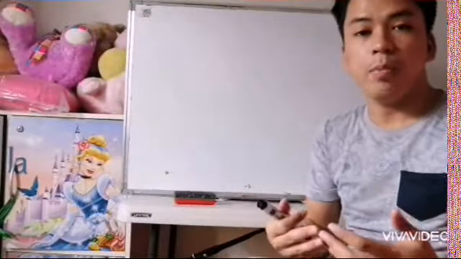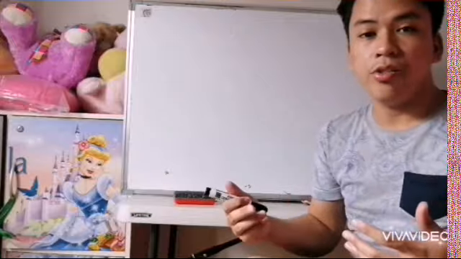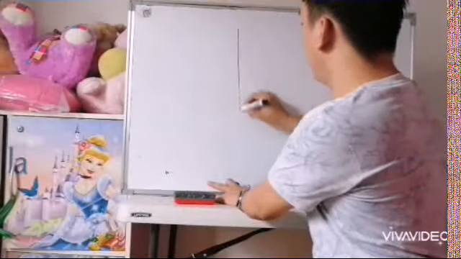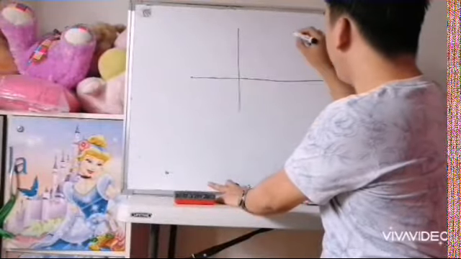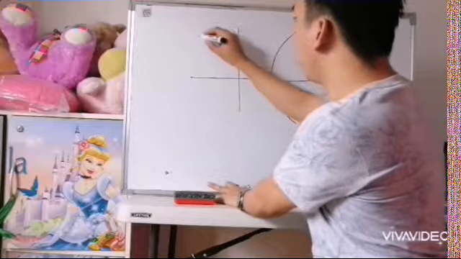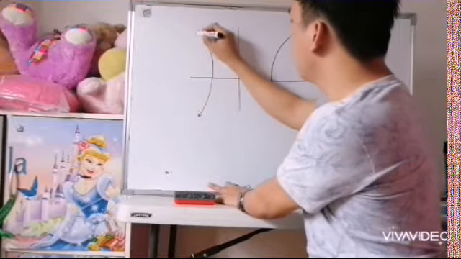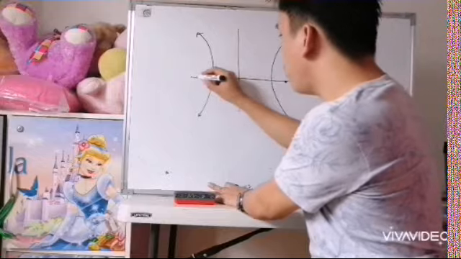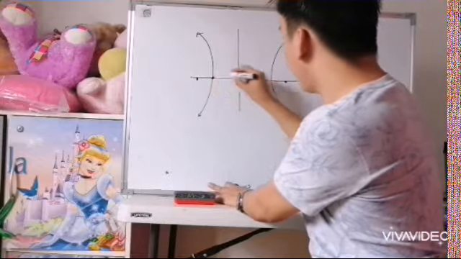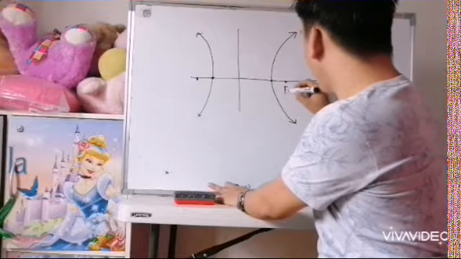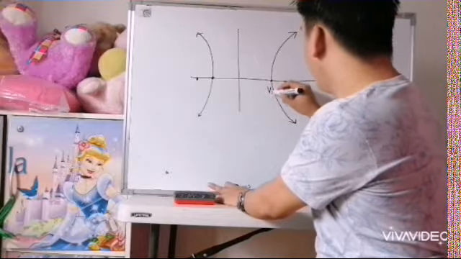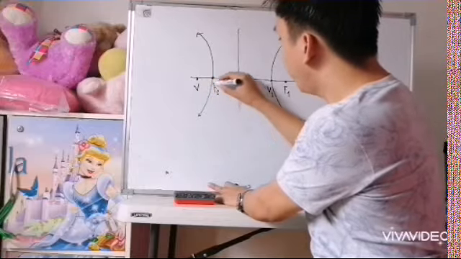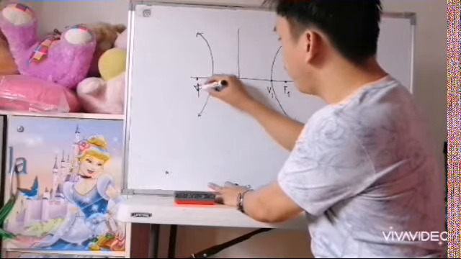Okay, so this time we'll be deriving equations of hyperbola. Let's consider again this. Let's say this is our hyperbola, assuming my drawing is perfect. These are the foci. These are the vertices. Let's say F1 is focus 1, V1 is vertex 1, F2 is focus 2, V2 is vertex 2.